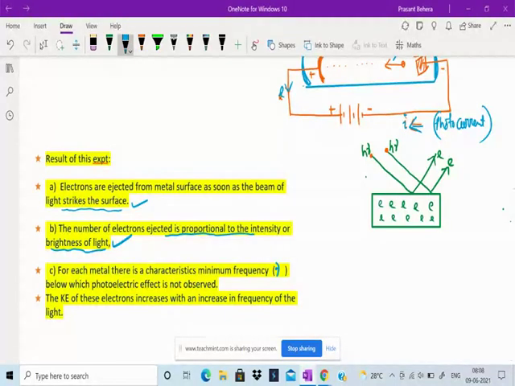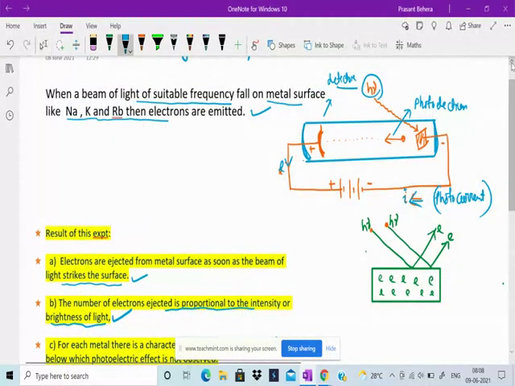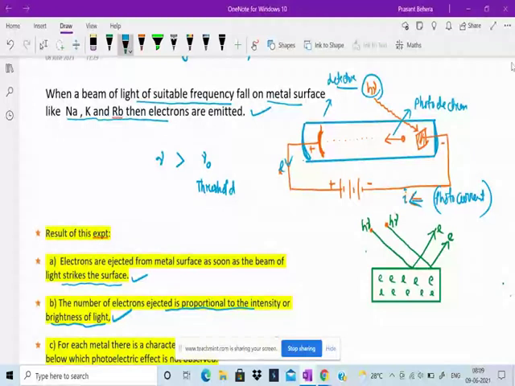That means the frequency of light should be greater than the frequency of the electron in the metal, nu naught. This is called the threshold frequency.